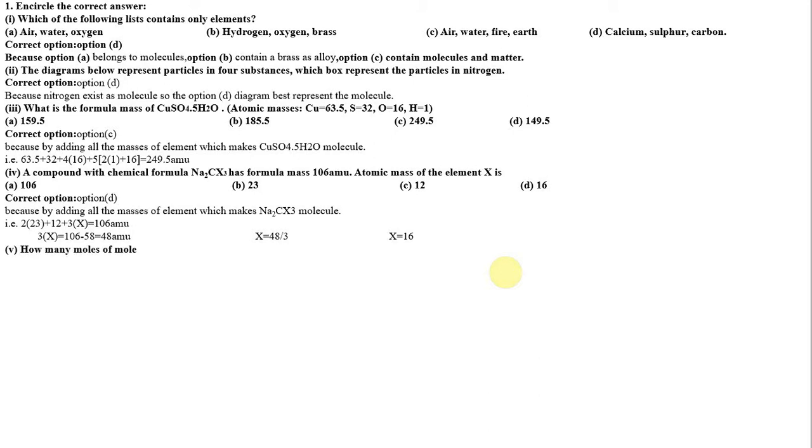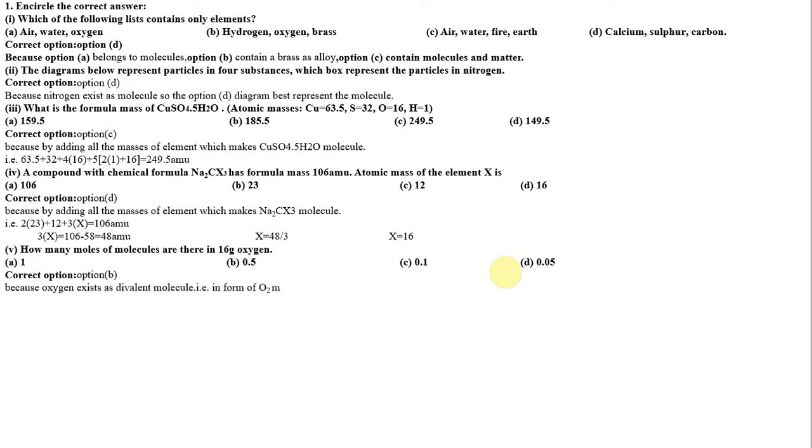Number 5. How many moles of molecules are there in 16 gram oxygen? A 1, B 0.5, C 0.1, D 0.05. Correct option is B, because oxygen exists as a diatomic molecule, that is in the form of O2 molecule.